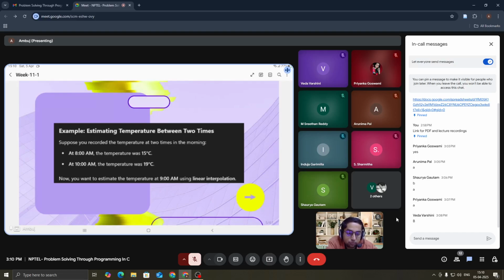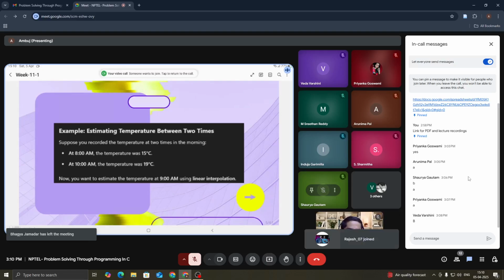When using advanced methods for estimating values like finite element analysis, you can even go for higher degree polynomials as well as different types of functions, maybe cubic, maybe exponential. Whatever the relation between the dependent and independent variables is, you have to keep that in mind, and that is how you will choose the function.